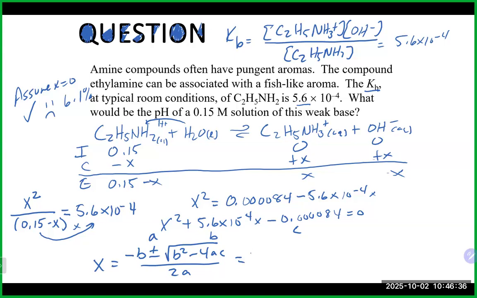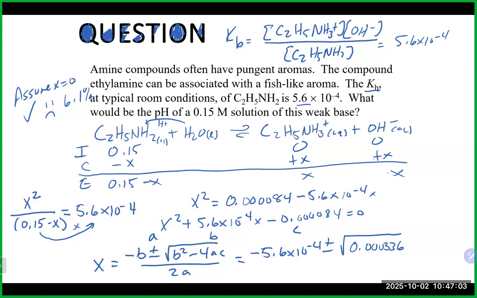So popping in some numbers here, minus 5.6 times 10 to the minus 4 plus or minus. If we take care of what's inside the square root, we're going to go 5.6 to the minus 4 and square it, minus 4 times 1 times negative 0.000084. Looks like maybe 0.000336 inside.